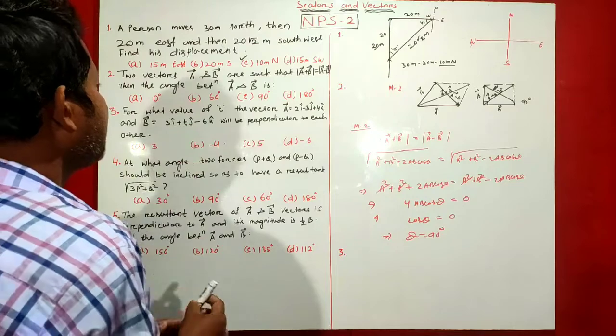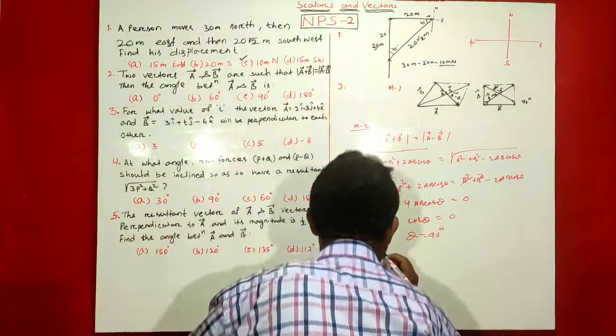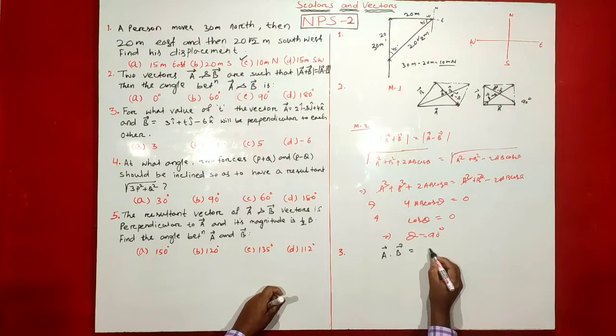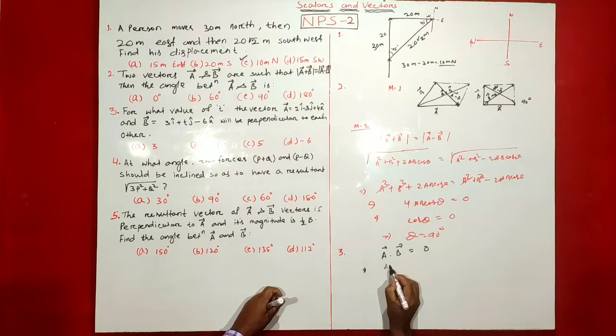For what value of t, A dot B is equal to 0? That means AB cos theta will be 0.